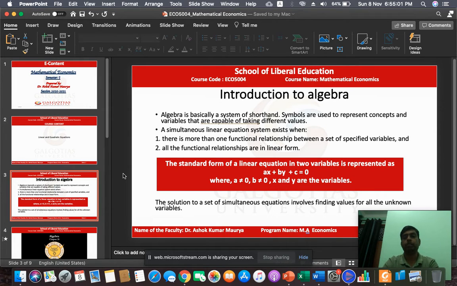Both are variables, and a, b, and c are the constants. In this equation, the condition is that a and b are not equal to 0, and x, y are the variables. So this is the standard format of a linear equation of two variables.